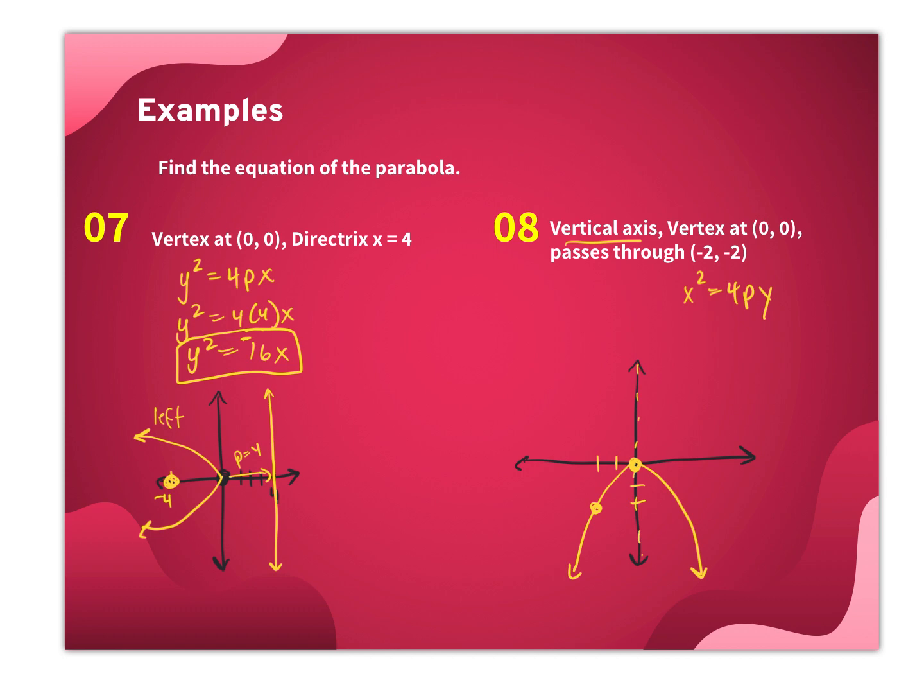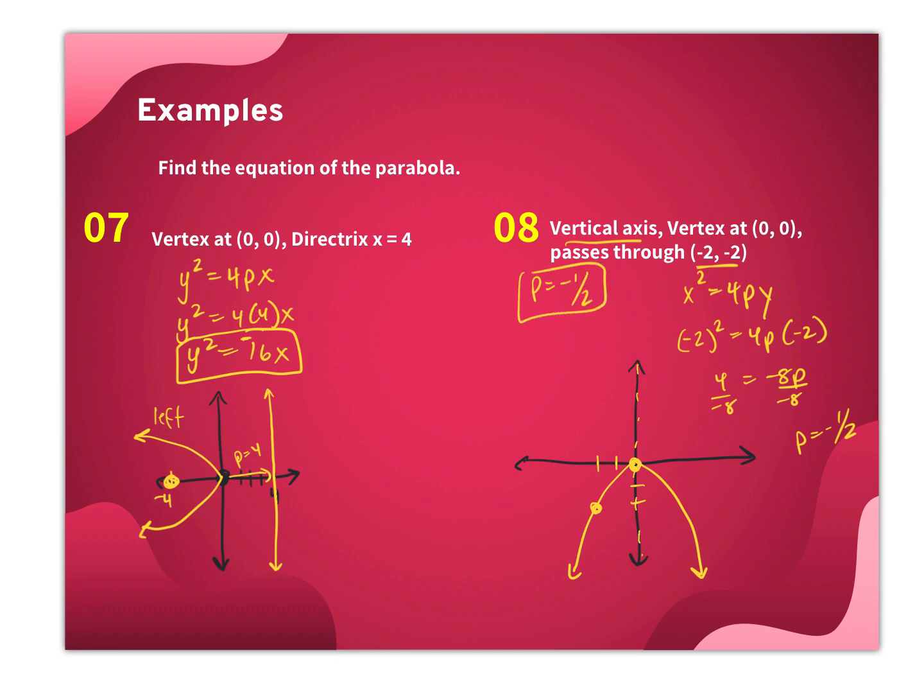Now it tells me a point it passes through, so I'm going to have to plug in those points to try to figure out what my p-value is. So I'm going to plug -2 in for x and -2 in for y. I'm going to get 4 equals -8p. When I divide by -8, I'm going to get p equals -1/2. So I got that.